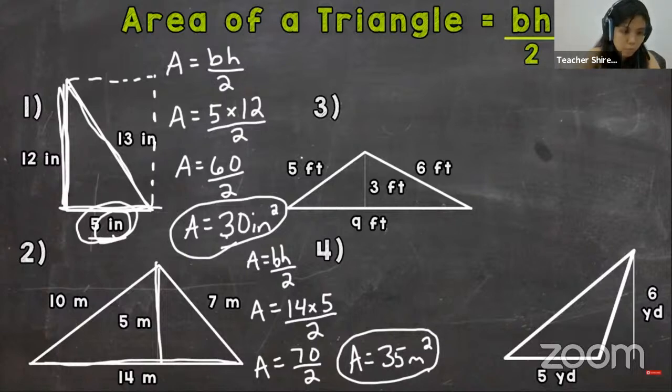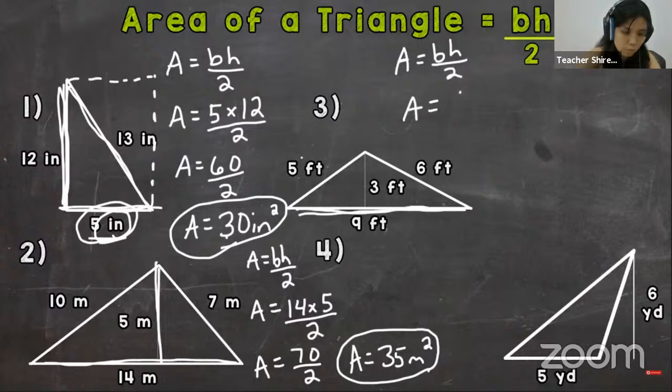So for number 3, let's start by writing out our formula. It's always good habit just to start by writing out the formula. So we have area equals base times height divided by 2. Now, hopefully we know that we plug in next. So base right here, the base of the triangle, is 9 times the height.